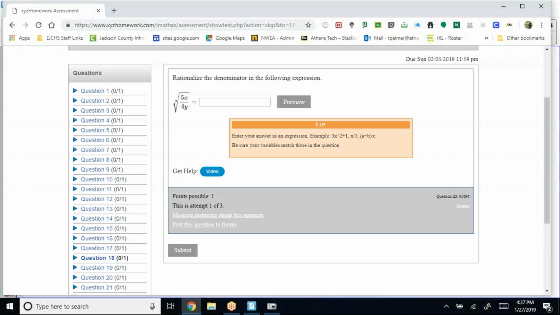Work as many as you can to see if it's a problem that you had a problem with. You've got to be able to see the math behind it to understand, okay, am I fully understanding? Because 1 or 2 is not going to really check your understanding. If you do about 3 or 4 on something that you had a problem with and you're knocking them out, then you're okay.